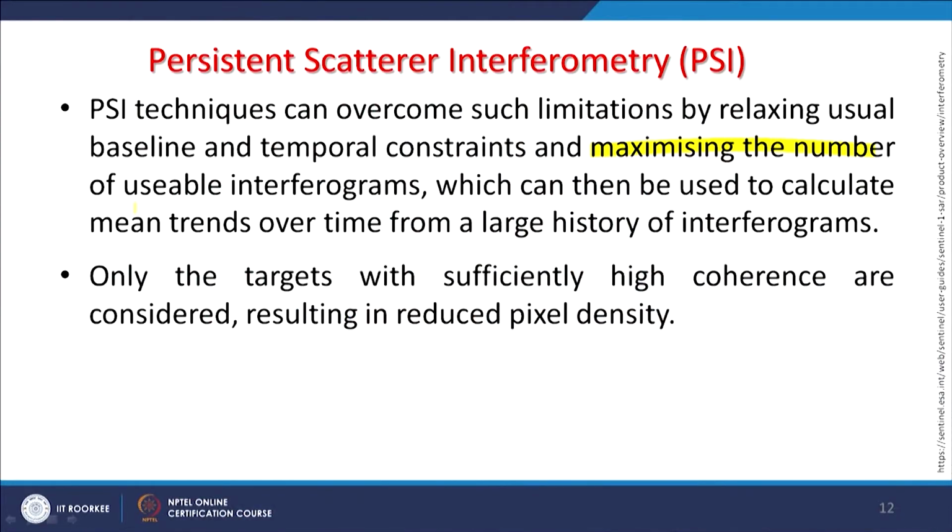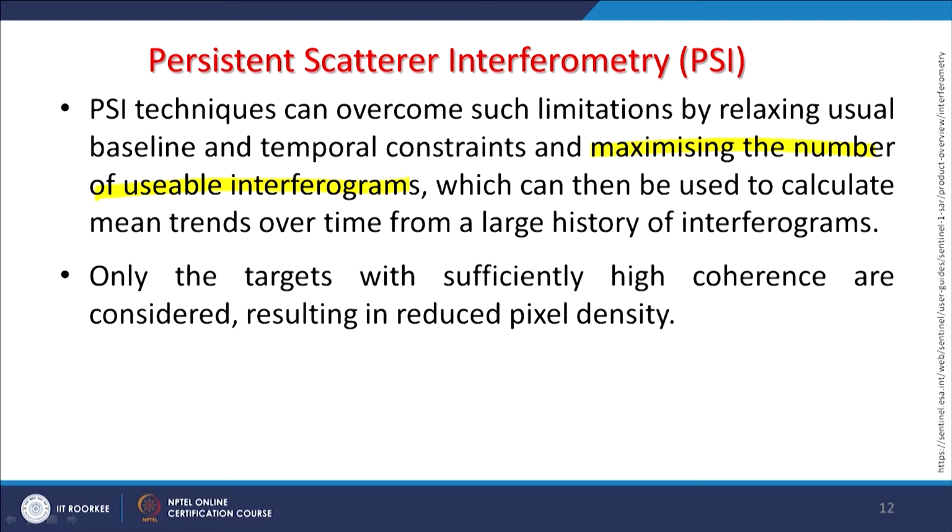Now, PSI techniques can overcome such limitations by relaxing usual baseline and temporal constraints. So, the condition of baselines is not that big in persistent scatterer, and it maximizes the number of usable interferograms, because the issues of coherency, baseline, and temporal constraints are minimized in PSI.